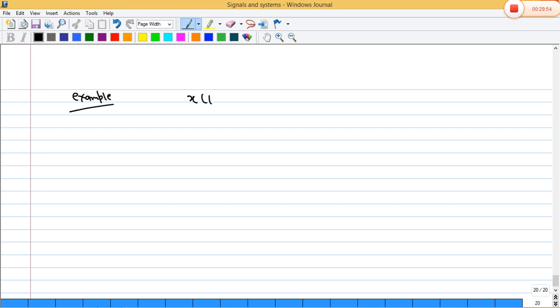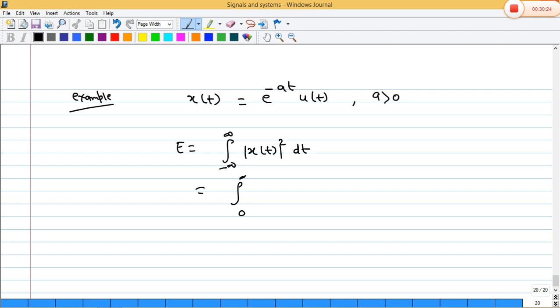If x(t) is given as e to the power minus a t u(t), where a is greater than 0, then find out the energy of this signal. Energy will be the integral from minus infinity to infinity of mod x of t square dt, so from 0 to infinity e to the power minus 2at dt.